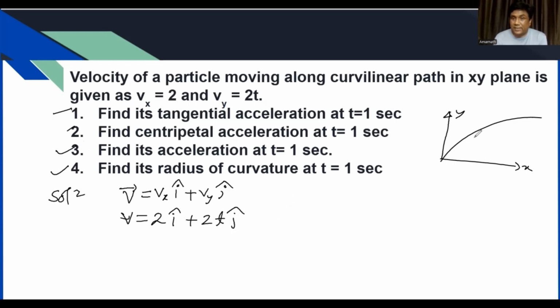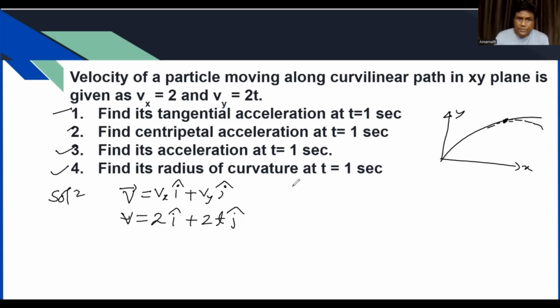Say at t equal to 1 second, the particle is at this point. So what will be the radius of curvature? Radius of curvature means if you make a circle taking this curve, what will be the radius of that circle? That is called radius of curvature. So I'm going to do all these things step by step. Just try to follow it.